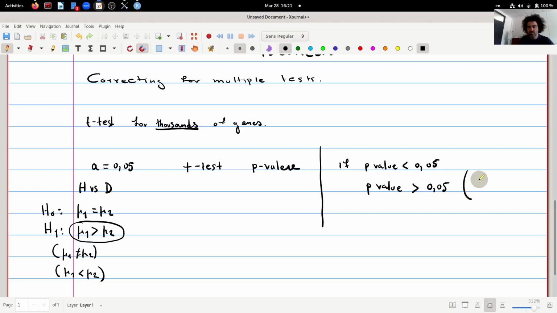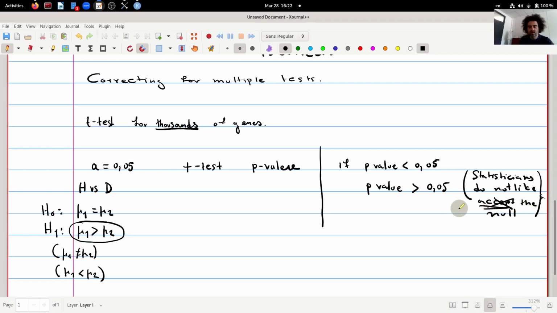Be careful here, because statisticians do not like saying that we accept the null. So we never use this word accept.